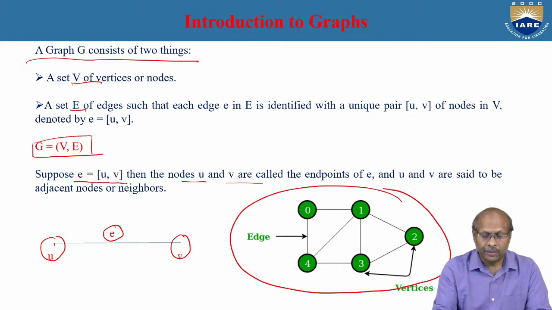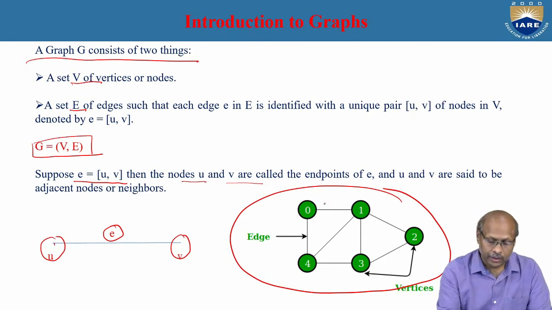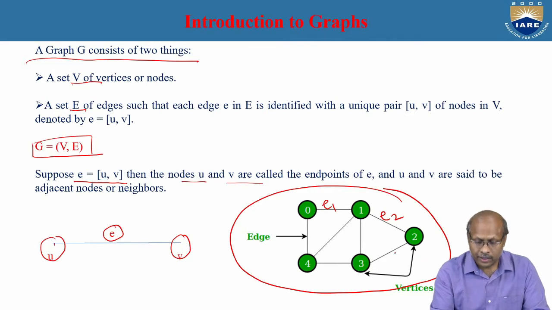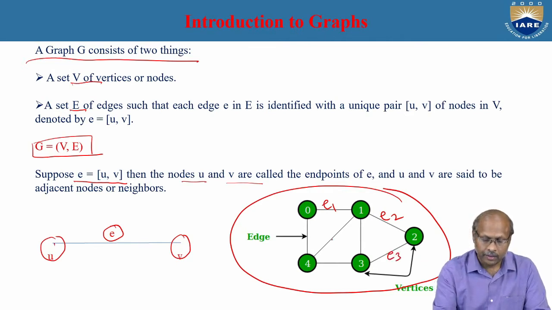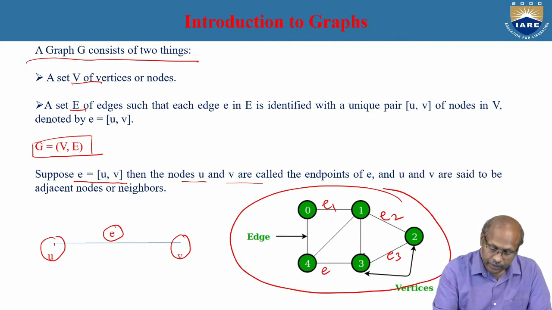If you see this graph, this is edge E1, this is edge E2, this is edge E3, this is edge E4, this is edge E5, and this is edge E6.